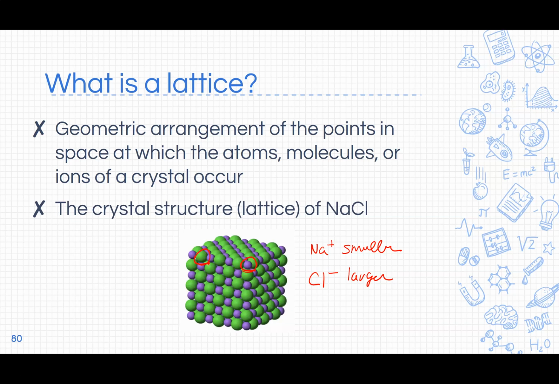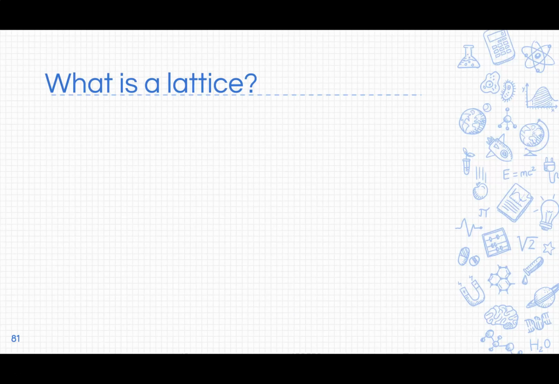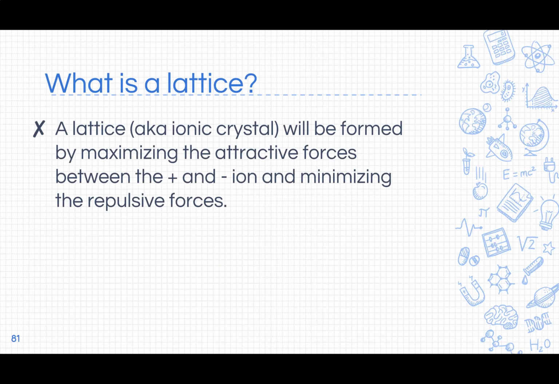Okay, so this is the crystal lattice of NaCl, and lattice is just the crystal formation, how the atoms or ions are arranged. Really ions if we're talking about an ionic structure. A lattice is going to form by maximizing the attractive forces between the positive and the negative ion and minimizing the repulsive forces.